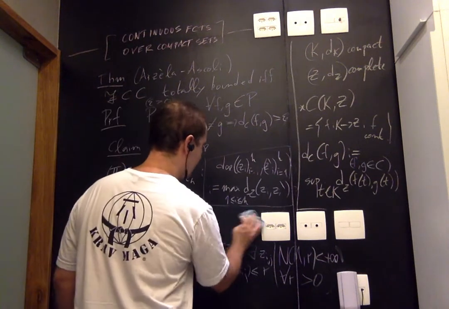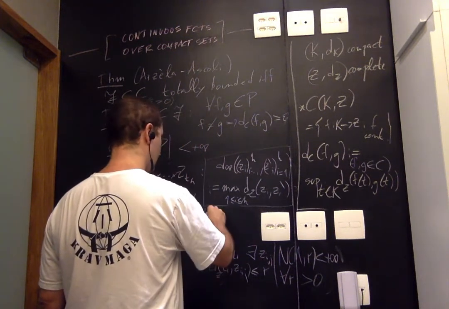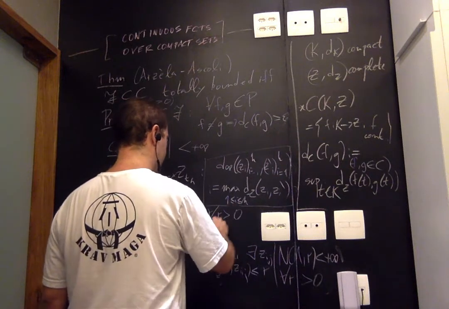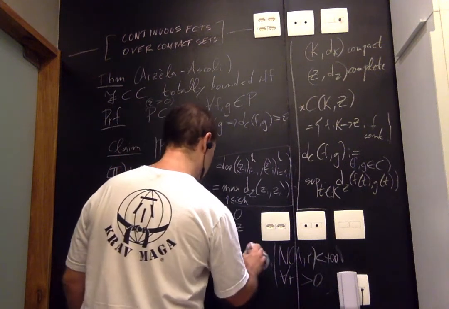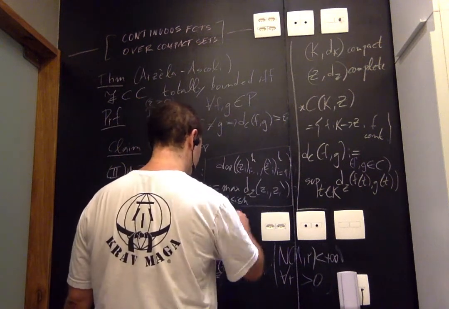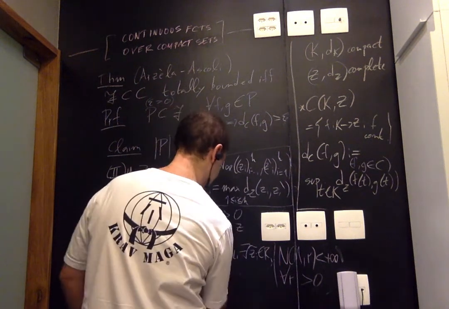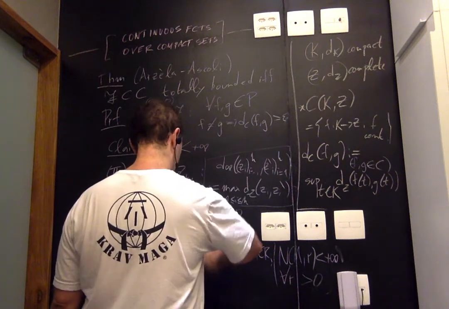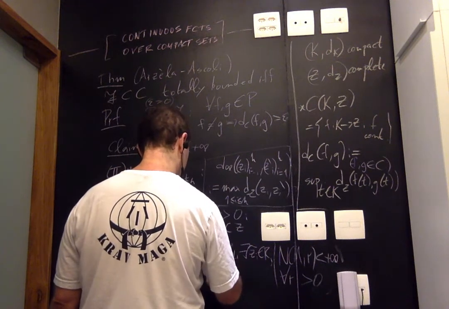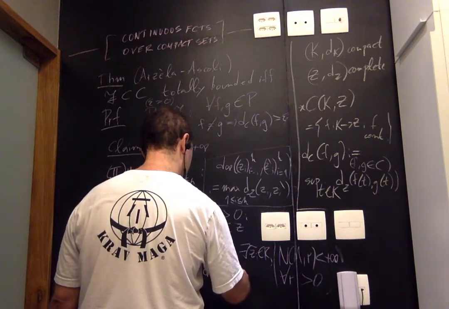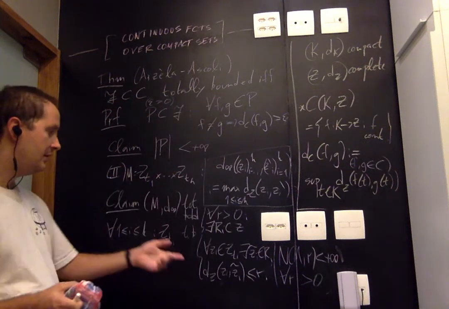Let me write it like this: for all R, there exists an R sub i contained in Z, such that for all Zi in ZTi, there exists an element of this net, a Z tilde i in R sub i, such that the distance in Z between Zi and Z tilde i is less than or equal to R. That's a little R net.